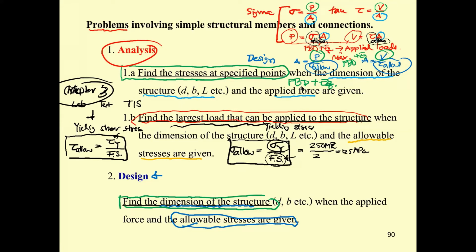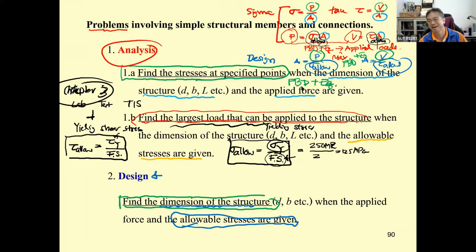If you design a nuclear power plant in some hard object, such as the portion of the reactor, you may use a very large factor of safety.